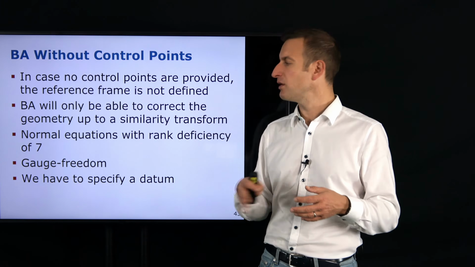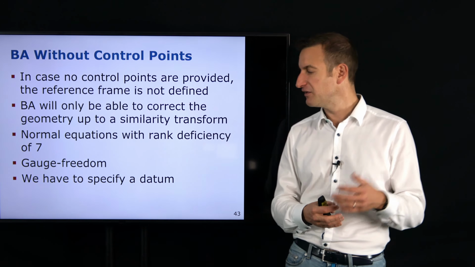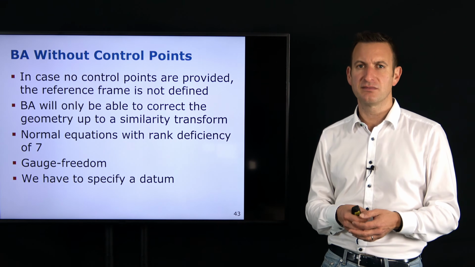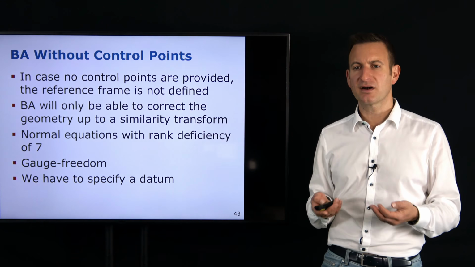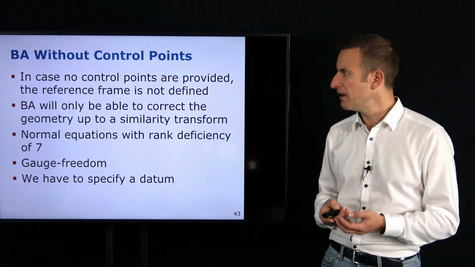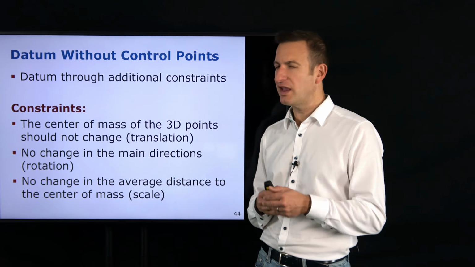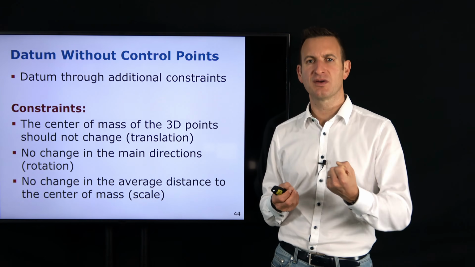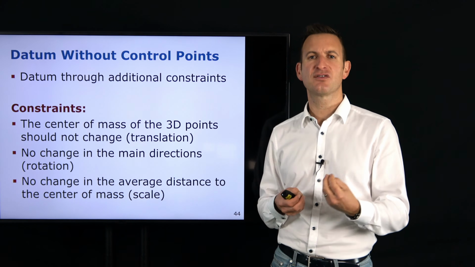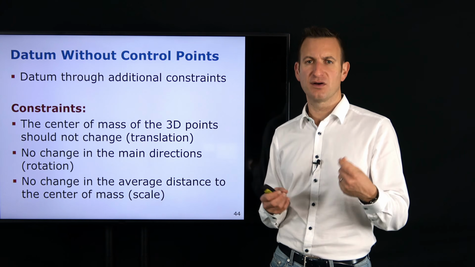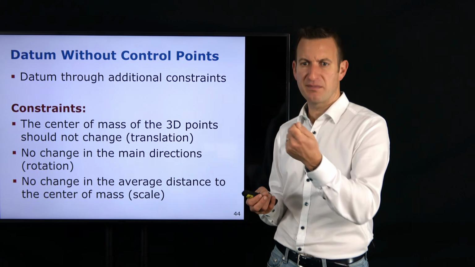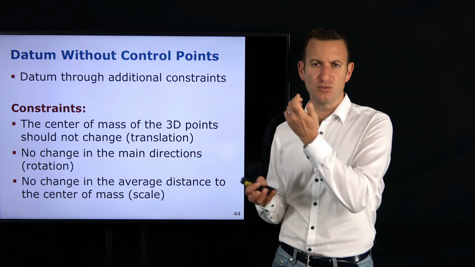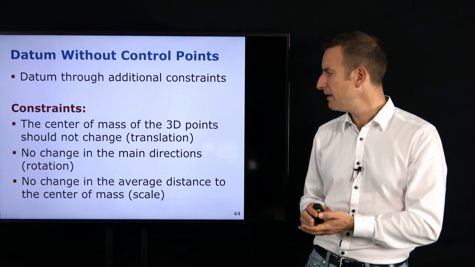So how can we change our problem in order to fix a datum, to specify a datum? And we can do this via introducing additional constraints. So what we can do is we can say, okay, the center of mass of my problem should not change. So basically, I'm constraining the center of mass so that it doesn't move. I can also set a certain point as kind of my 0, 0 point, which shouldn't move.